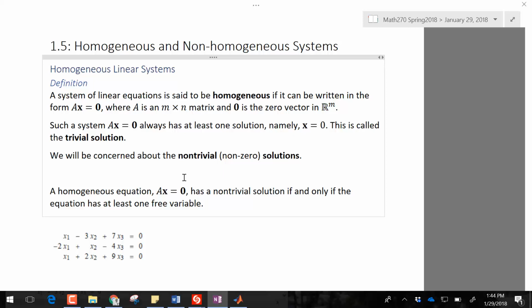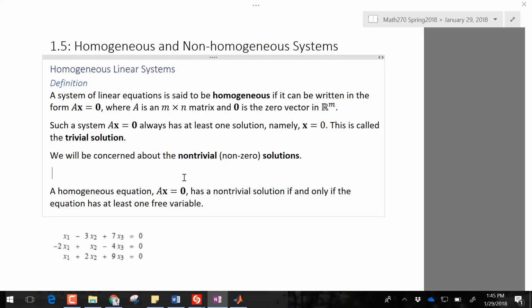So to make things really easy, we know one solution right off the bat. 0, right? If all the components of x are equal to 0, everything's going to be 0. So that 0 is called the trivial solution. That's the easy solution. And it's always going to be a solution.